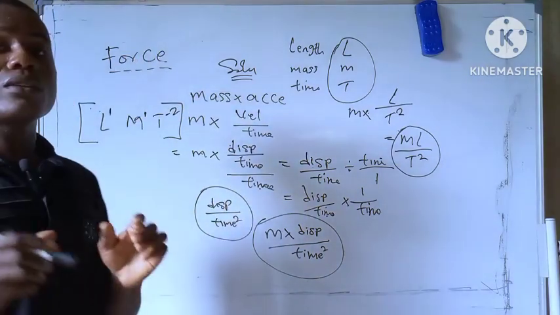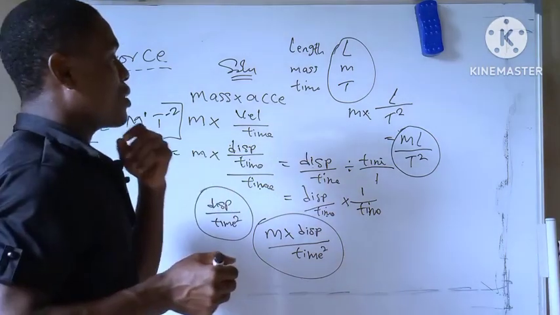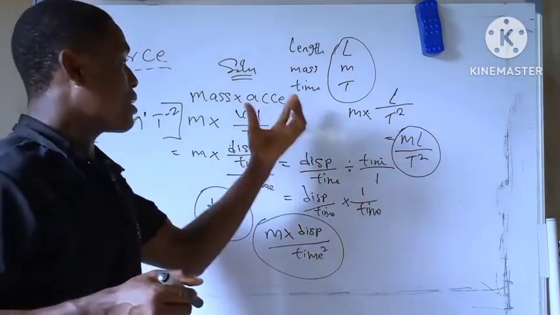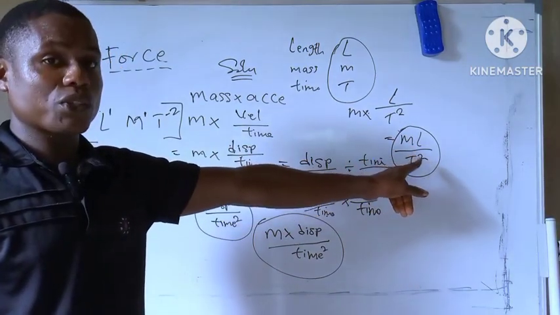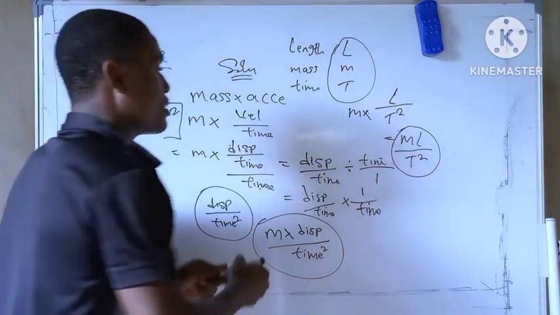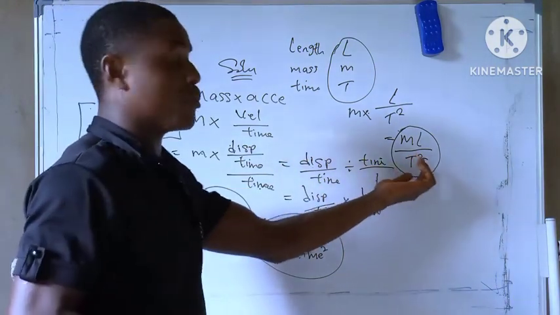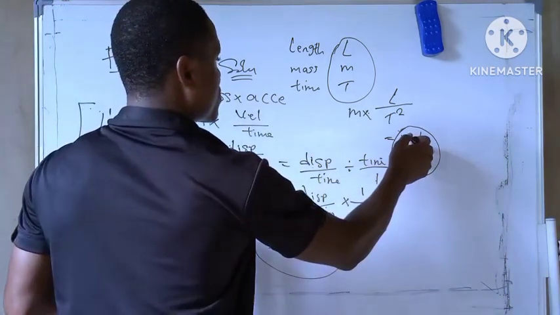So the last thing to do is to write down the unit of force. This is what you do. Anytime you want to write down the unit of any quantity in dimension, you use the last equation. Are you getting it? Since this one is the one we calculated, we can from here write down the unit of force. This is mass, right?